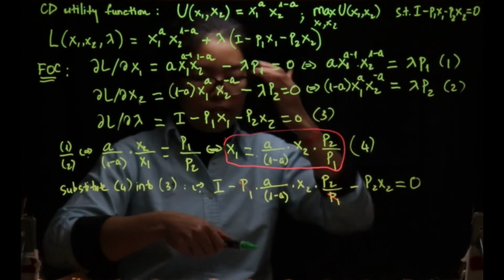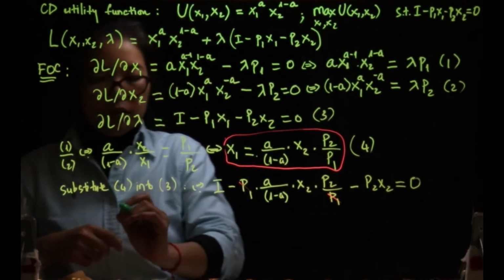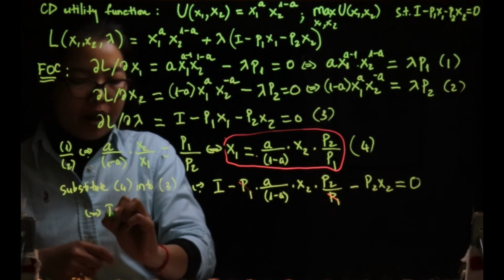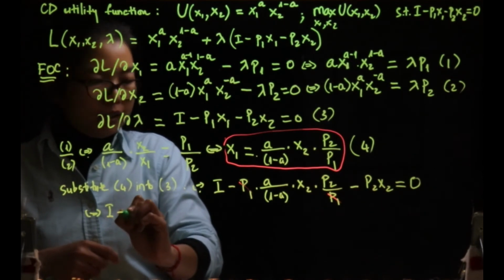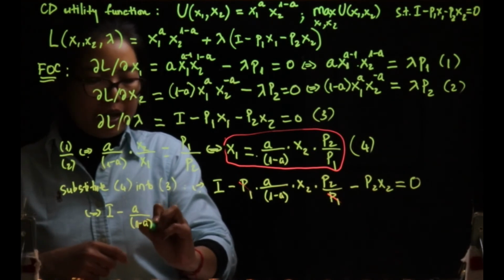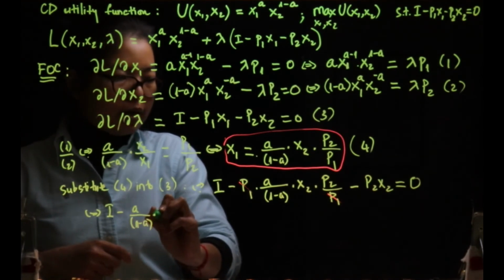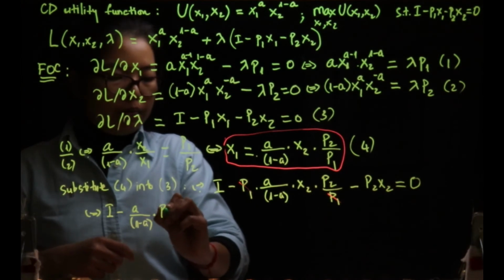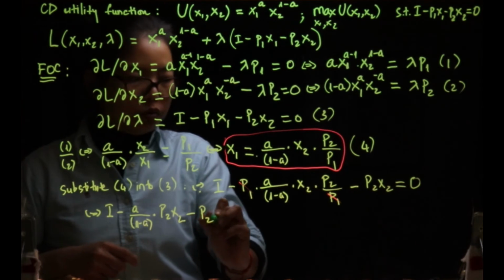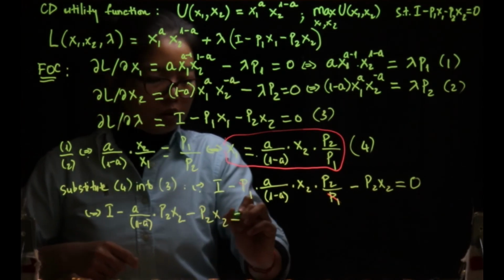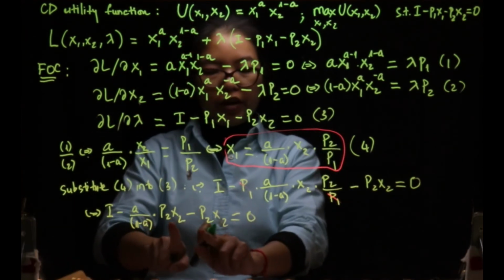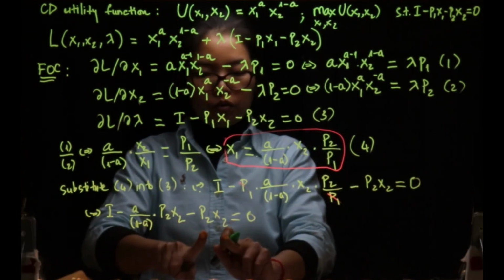That means you have I minus a over 1 minus a times p2x2 minus p2x2 equals 0. Now you can factor out the p2x2.